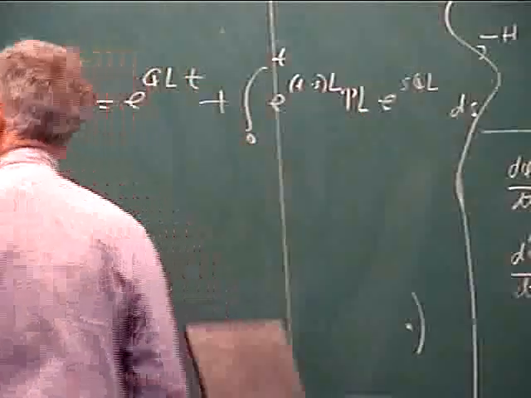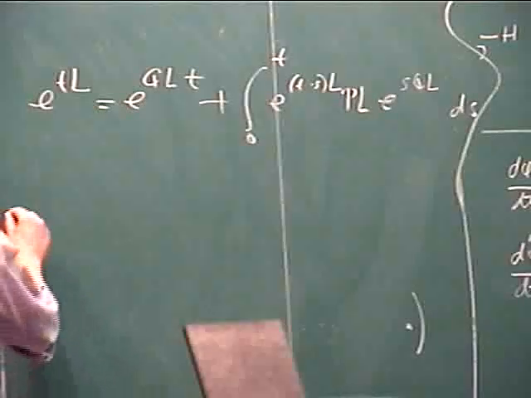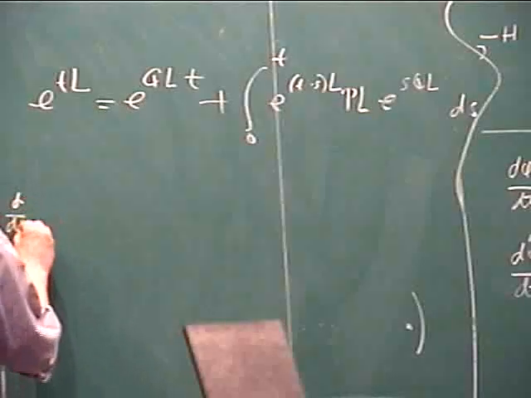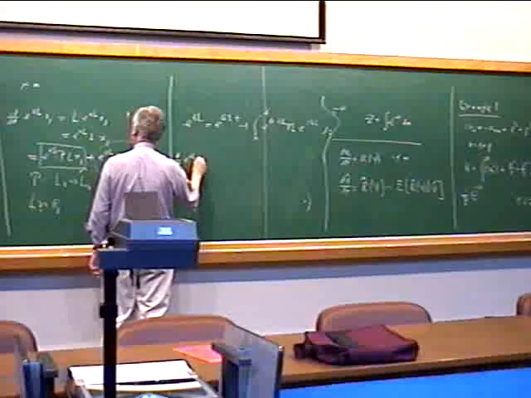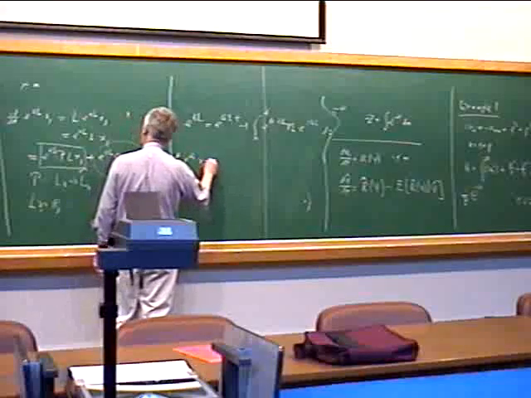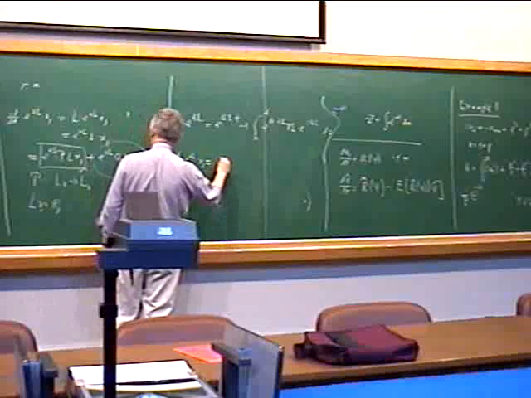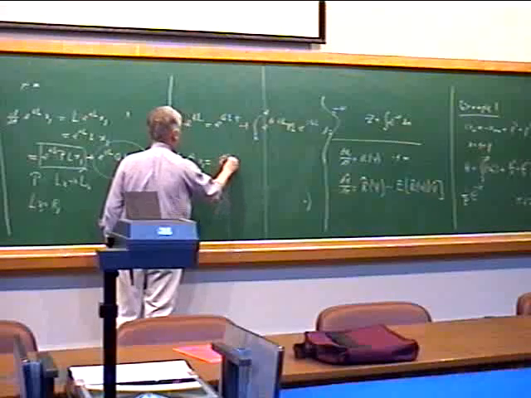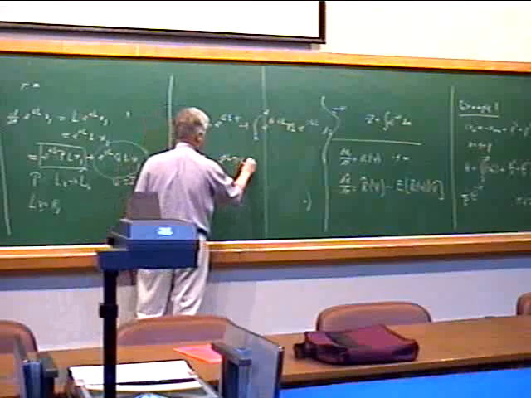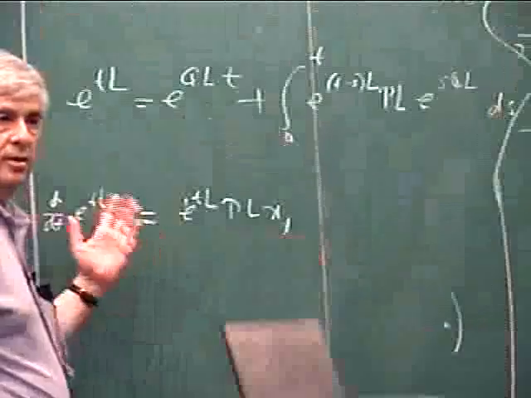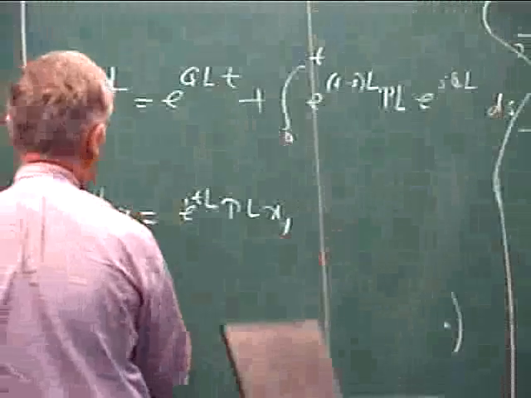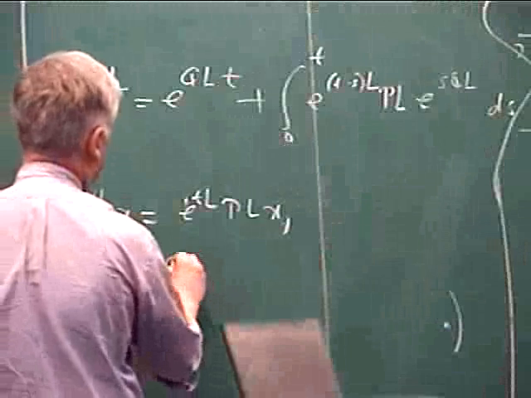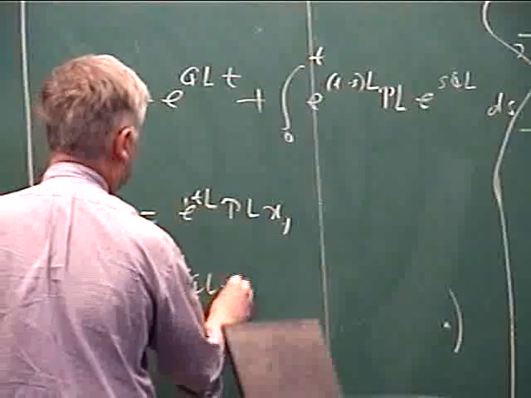Take this formula here, replace it here, and what you're going to get is d over dt of e to the power tL xj, sorry about the writing, equals e to the power tL PL xj. This we know what to do with. Okay, that's an easy object. Plus e to the power tQL acting on QL xj.